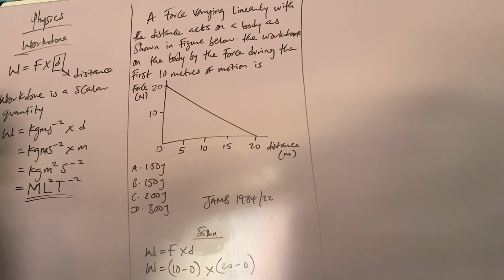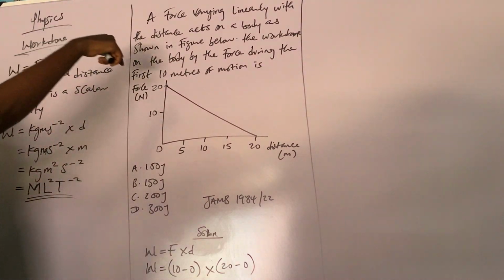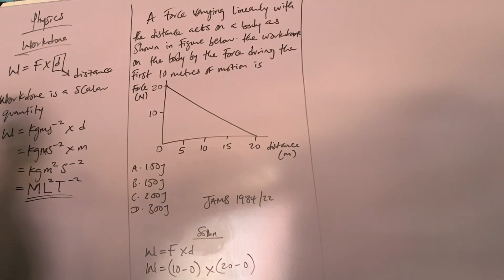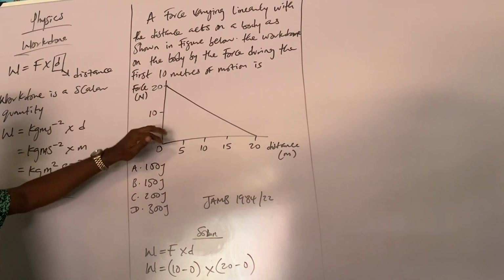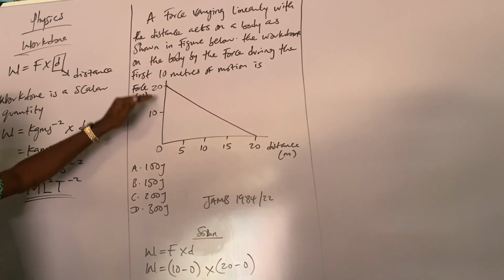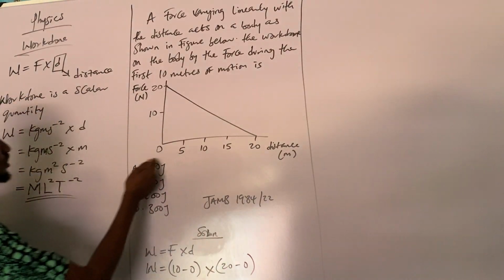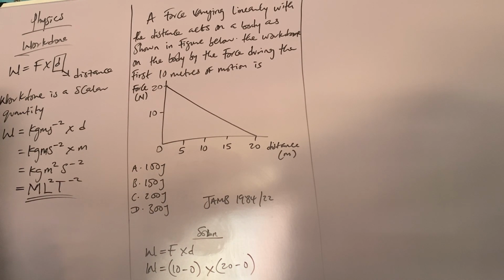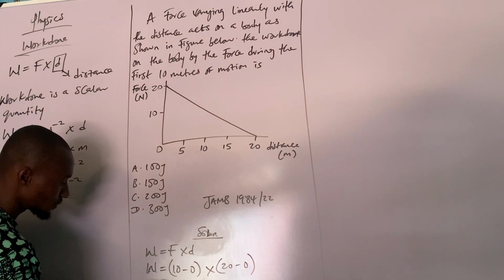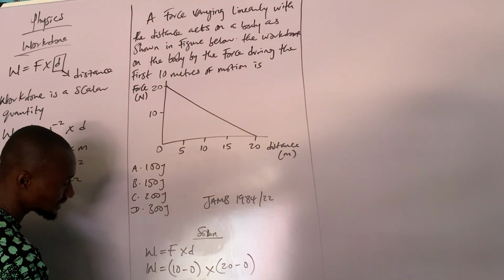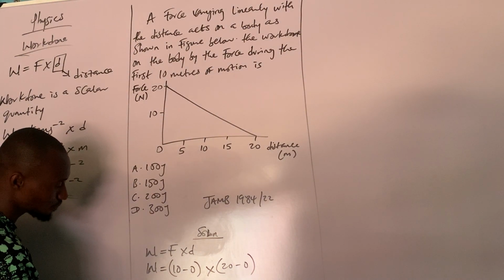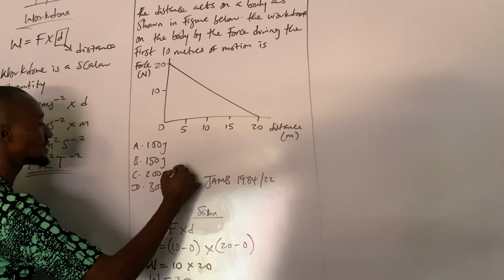Because they said the work done on the body by the force during the first 10 meters of the motion, we don't have business with 20 Newton. Our business is with 10 Newton. So by the force, it is 10 minus 0. But by the distance, it is 20 minus 0 because distance was not emphasized in the question. So W is equal to 10 times 20 and W is equal to 200 joule. So the answer is C.